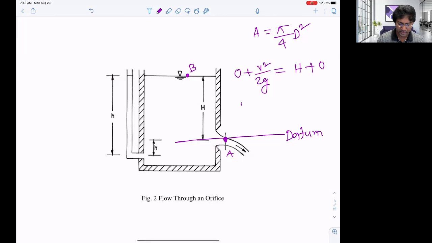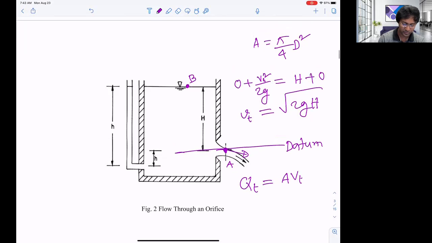So from this relationship, which is theoretical because we applied theory here, we get the theoretical velocity, v_t equals square root of 2gh. Since we know the velocity, if you want to know how much flow is happening through this opening, Q_t will be A times v_t. So what is A? A is the area of the opening, right?